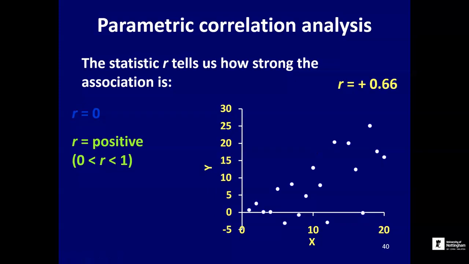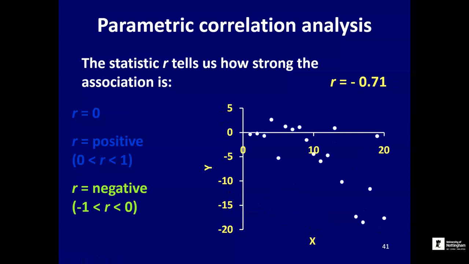But if there's a strong positive relationship between x and y, you're going to see R rising above 0 towards 1, which is the maximum. Here we've got a relatively strong correlation with a correlation coefficient of 0.66, so there's a relatively tight positive relationship between x and y.